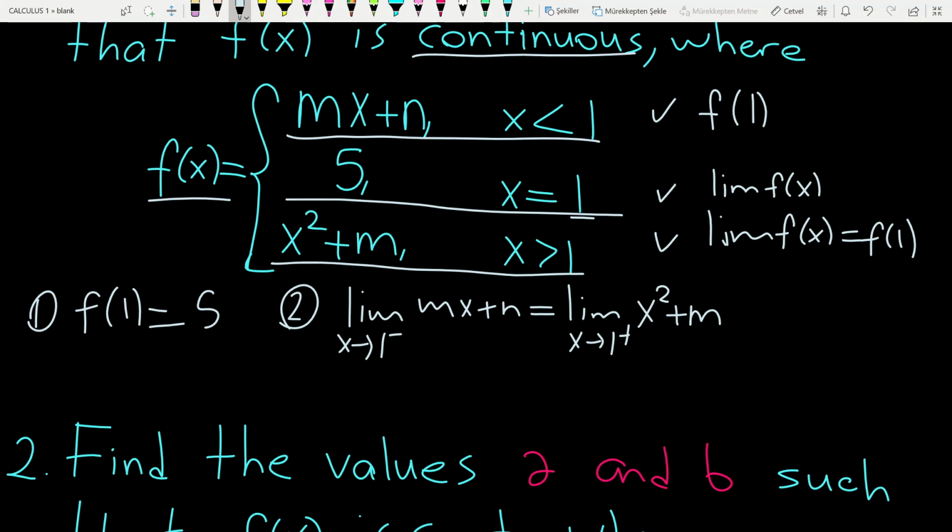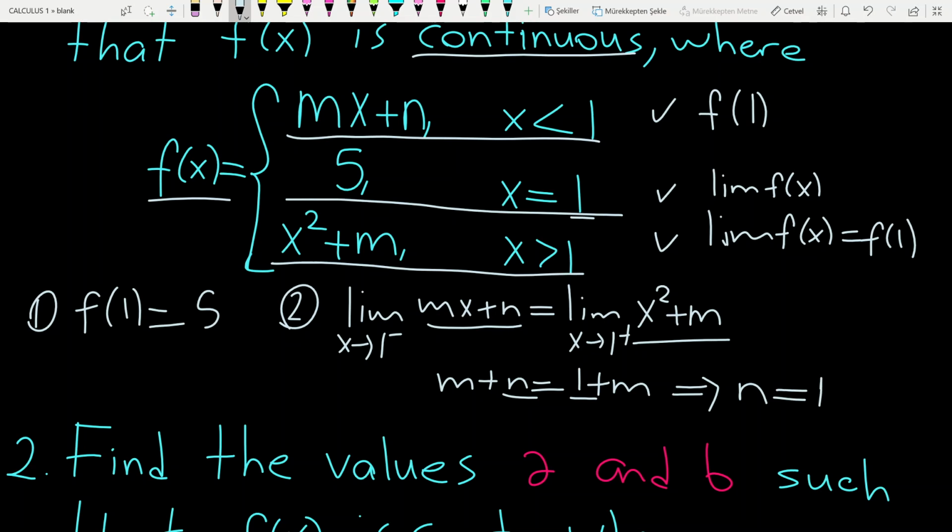Let's go further. Plug the number 1 here, then you have m plus n is equal to, plug the number 1 here, you have 1 plus m. This equality implies n is equal to 1.